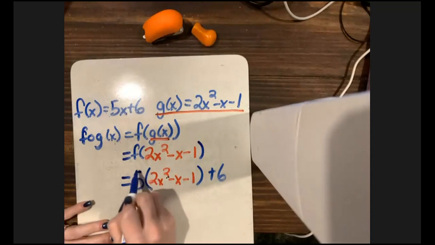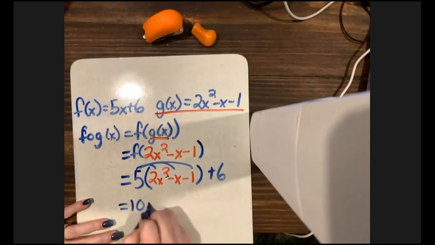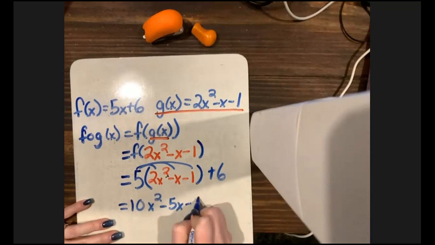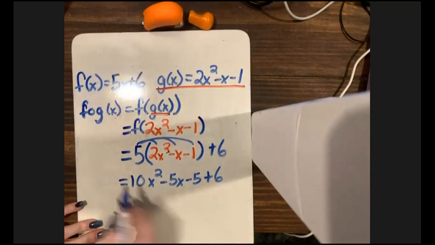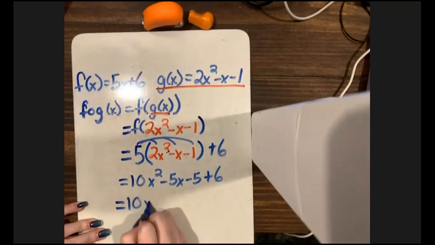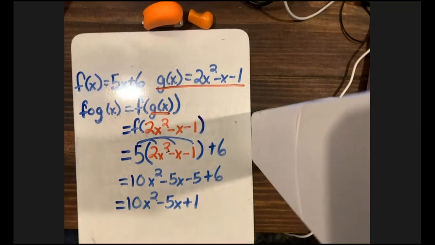I'm going to distribute. So it's going to give me 10x squared minus 5x minus 5. And then I still have that plus 6 coming from the back. Cleaning up just a bit, the minus 5 and the plus 6 creates a plus 1.